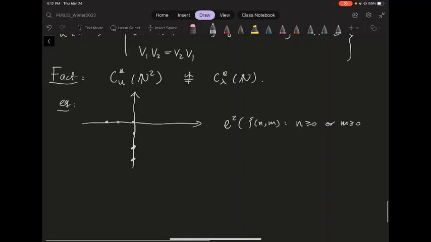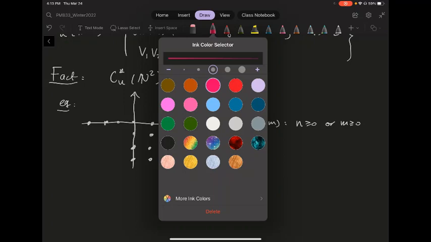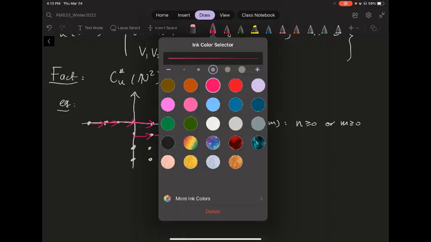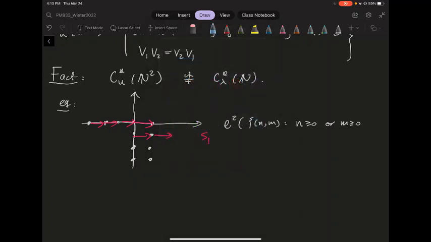For each of these integers, you have an orthonormal vector. And your two shifts are basically what you expect them to be. One is shifting to the right, so call it S1. And the other one is shifting vertically, so you go up. That's basically your S2.